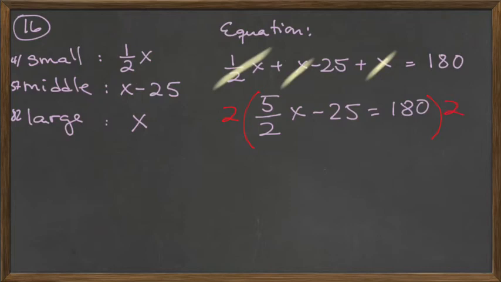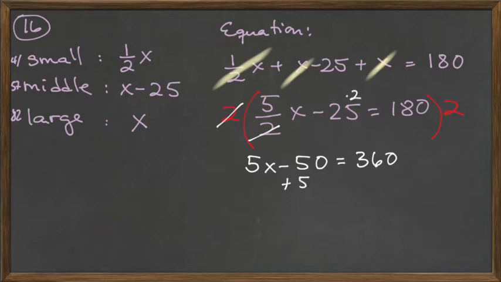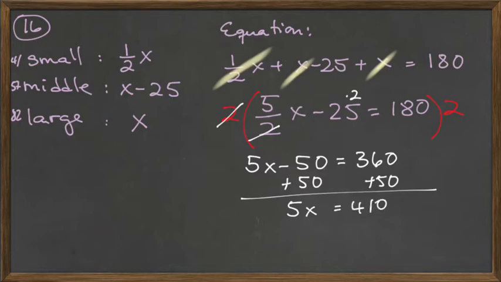So that gives me 5x minus 50 equals 360. So this 2 reduces with that 2. And don't forget to multiply the 25 and the 180 by 2. So add 50. 5x equals 410. Divide by 5.